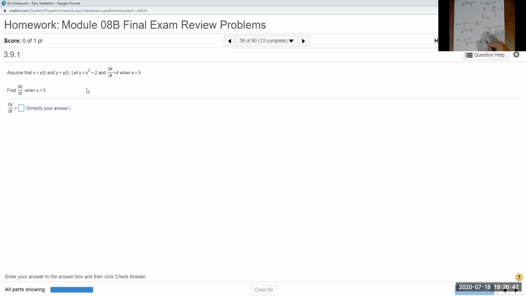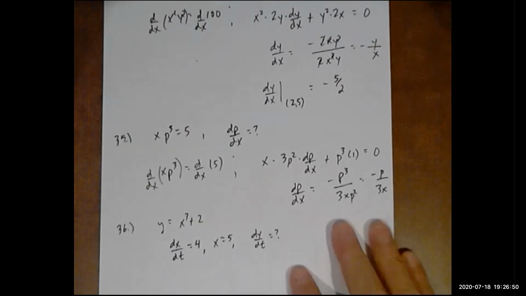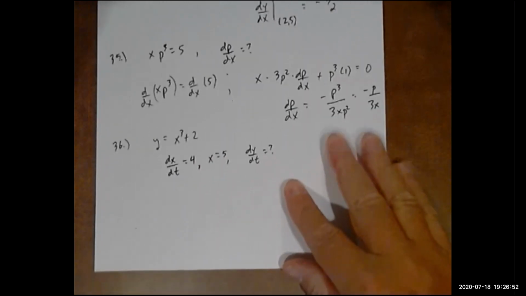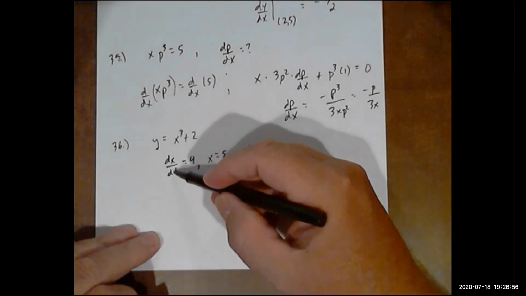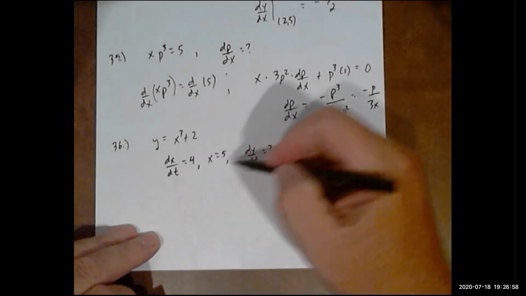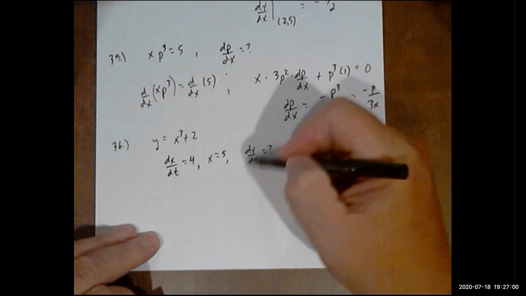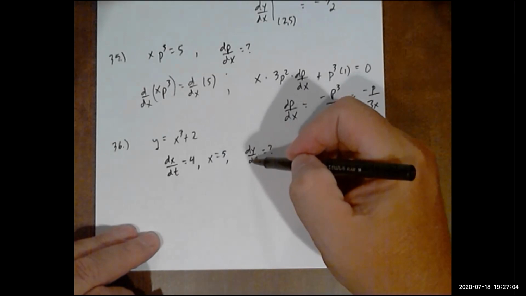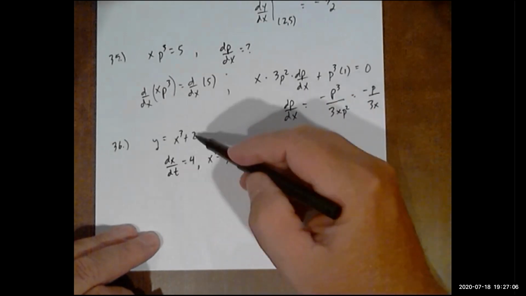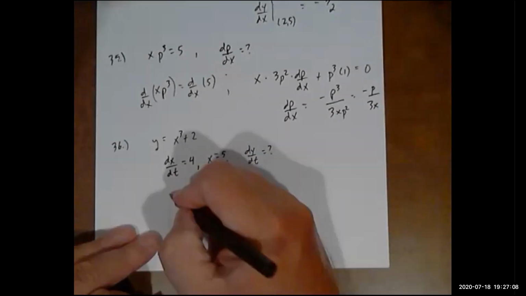Find dy/dt when x equals 5. Here's what we're going to do. You notice all this information we're given involves the variable t. So really all these derivatives are with respect to t. T is not even in my original equation.